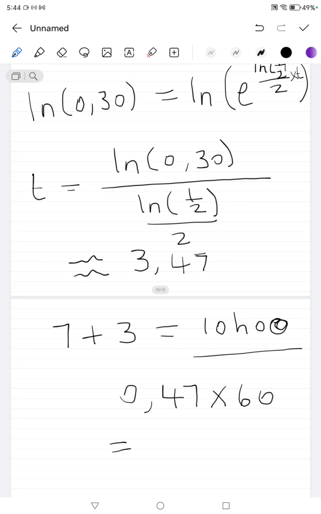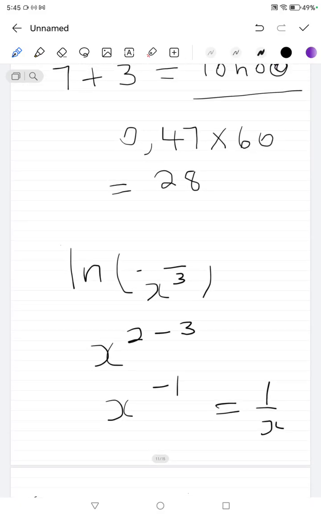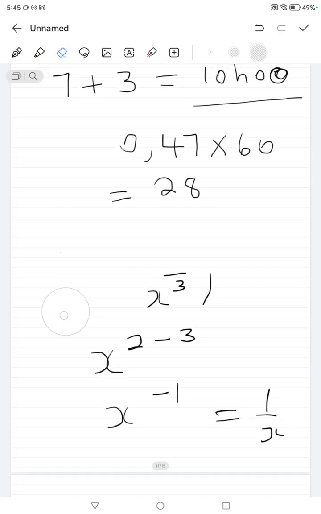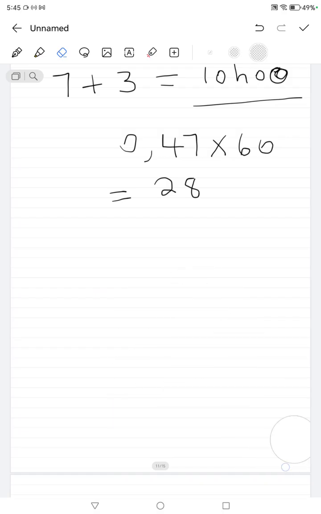So now you will see that after 10:28, the quantity will be less than 30%.